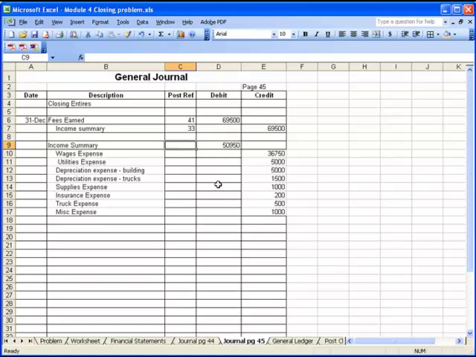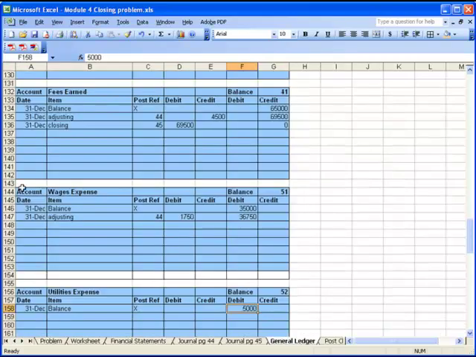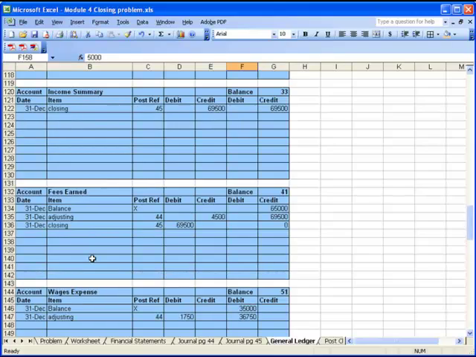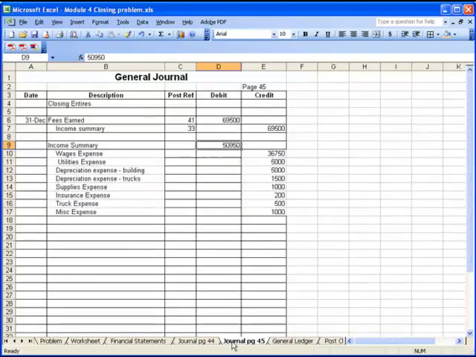Now again, we want to post this information so that we can see the effect on the income summary account. This is a debit. I'm going to go to income summary, and I'm going to debit $50,950. In my general ledger, we're already right here at income summary. This is another closing entry, from the same page 45. This time it's a debit, and the amount, just to check, is $50,950.